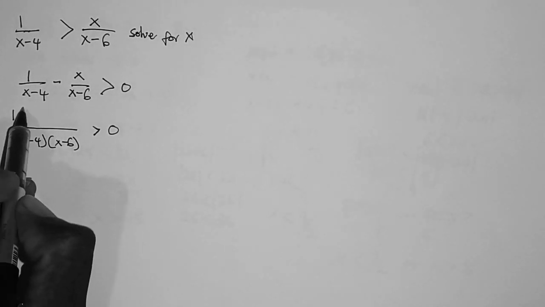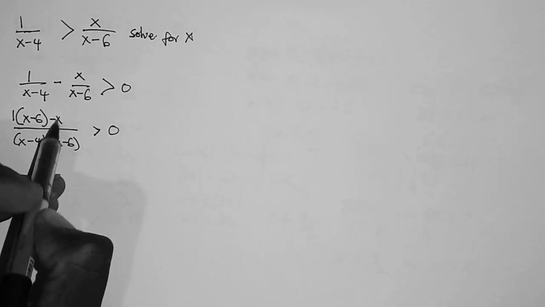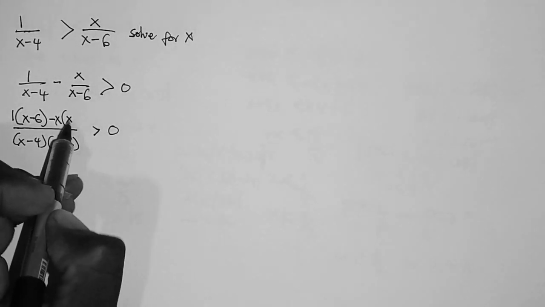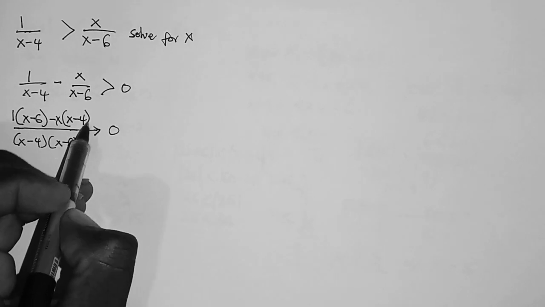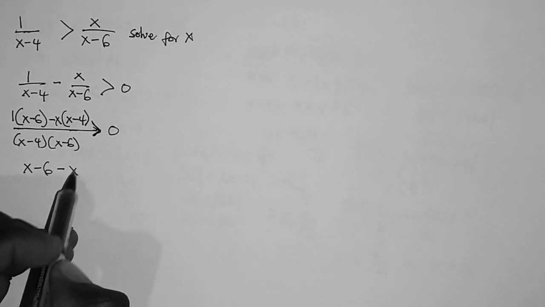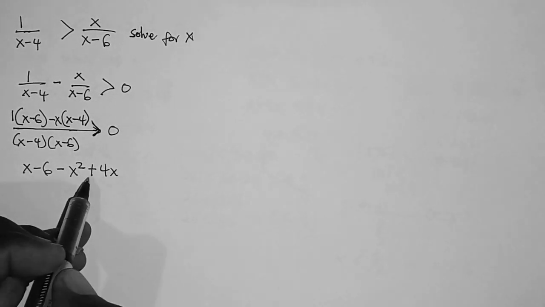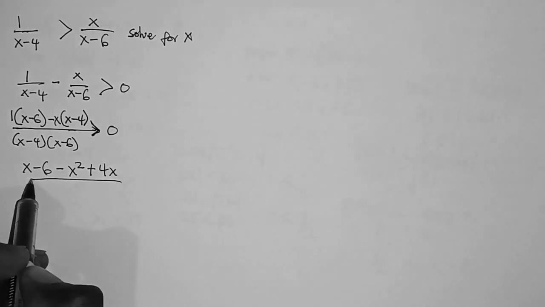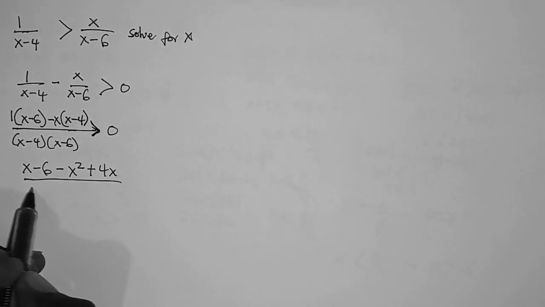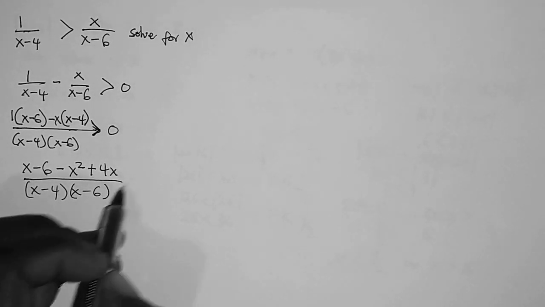So here becomes 1 times x minus 6, then minus x times x minus 4, greater than 0. So let's distribute. It becomes x minus 6. Then minus x times x is minus x squared, minus x times minus 4 becomes plus 4x, divided by x minus 4 times x minus 6 greater than 0.